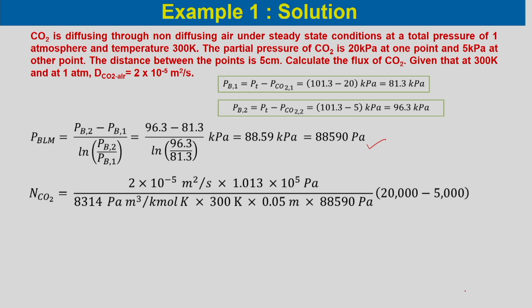Now, we can calculate the flux N CO2, which would be equal to 2 into 10 to the power minus 5 meter square per second into 1.013 into 10 to the power 5 pascal divided by 8314 pascal meter cube per kilomole Kelvin into 300 Kelvin, which is the temperature, and the distance is 0.05 meter, into 88590 pascal, and the pressure differential is 20,000 minus 5,000 pascal.